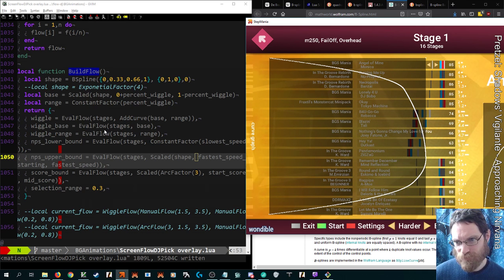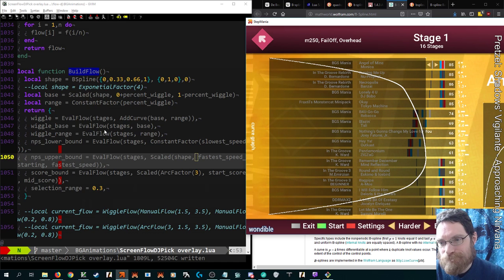Okay, so notes per second upper bound is just getting absolutely crushed by that. And that's just like a hard limit.